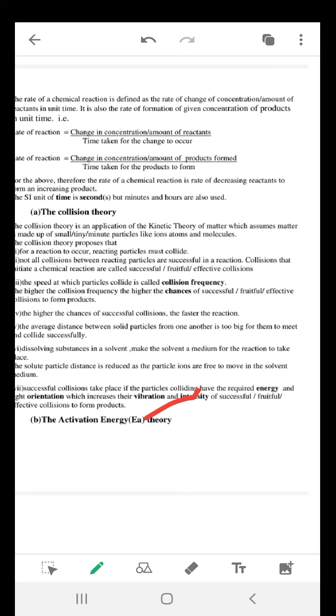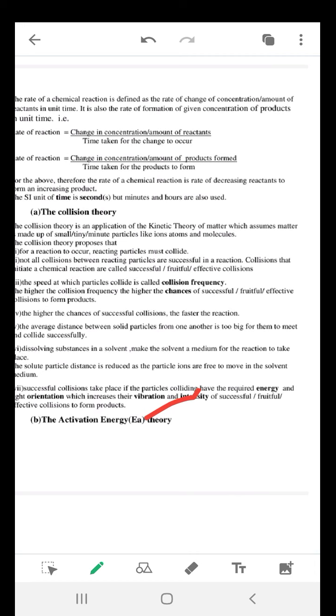We know matter is anything that occupies space, so it can be a solid, a gas, or a liquid. According to the kinetic theory of matter, this matter is made up of very tiny particles, and these tiny particles are in continuous random motion.